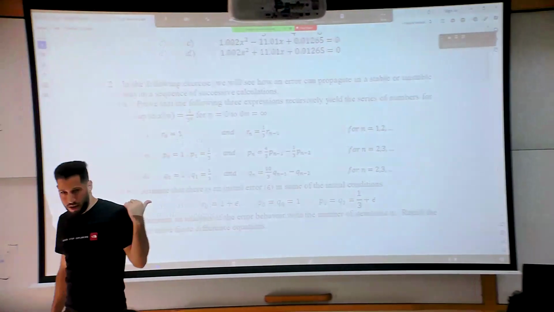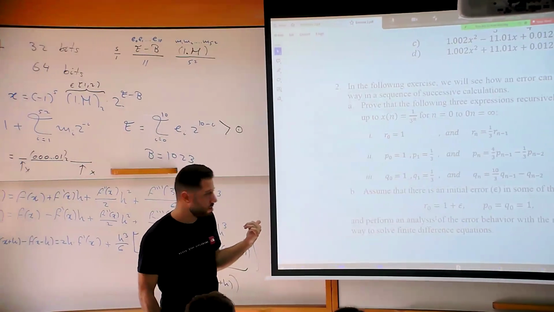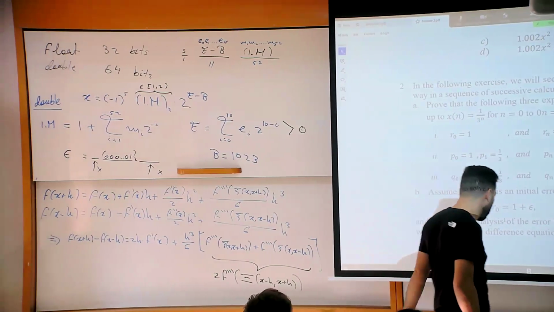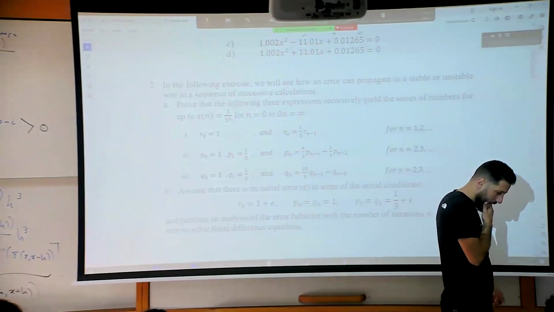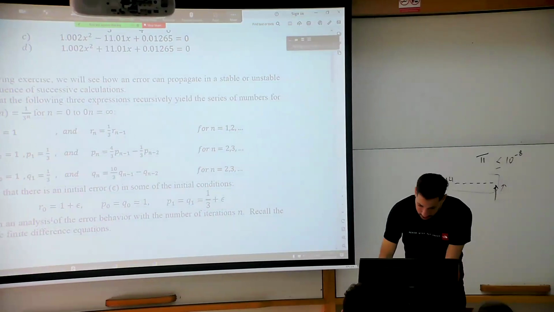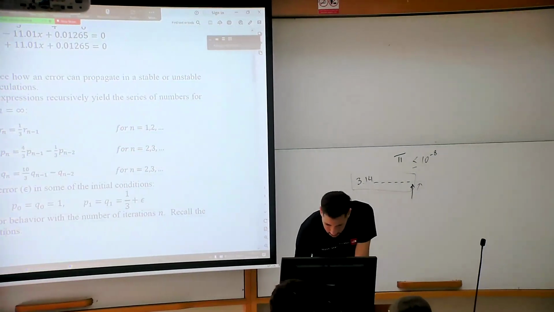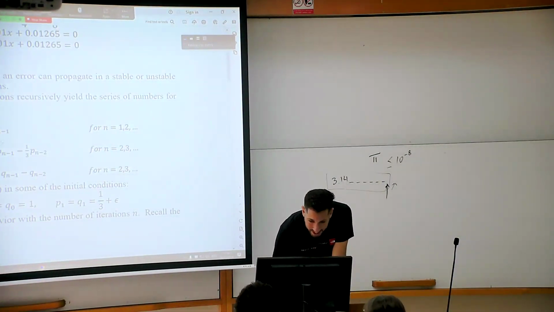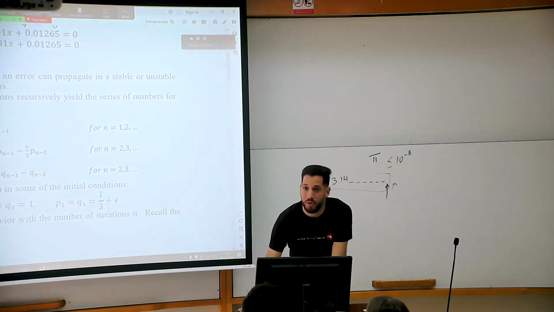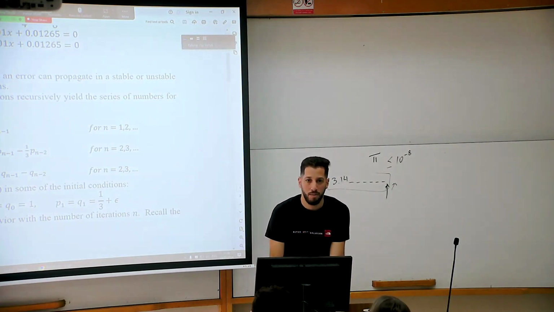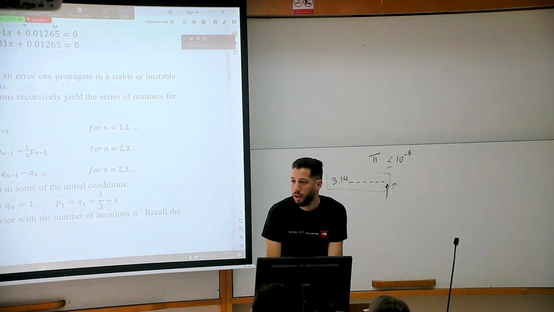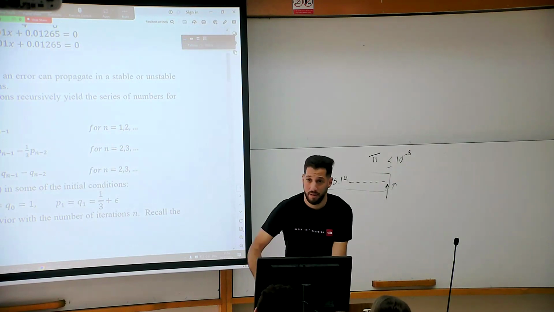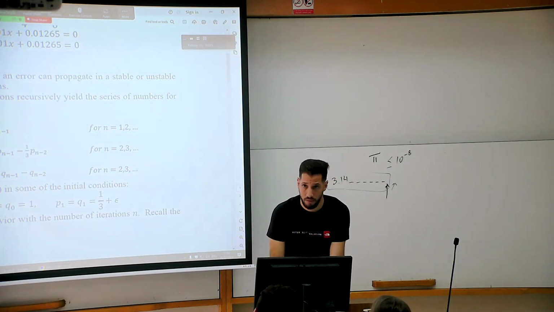Anyway, these are simple finite difference equations, and it's easy for you to solve them. And here you will see in your homework how the errors propagate when you try to solve them numerically.